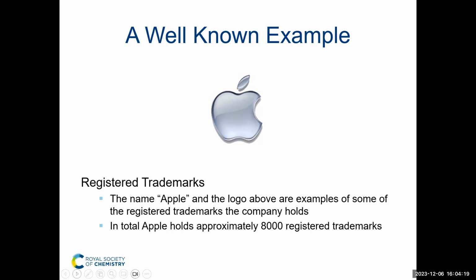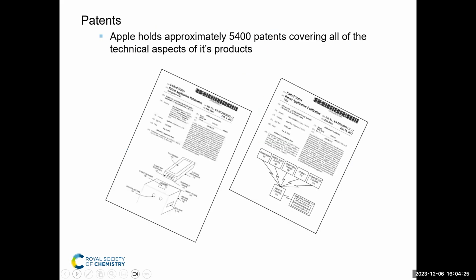So napakarami, no? Since Apple is a very big and well-known company. So Apple also holds approximately 5,400 patents covering all of the technical aspects of its product. No? So if you will search Apple sa ating mga patent search databases, so napakarami ang makikita nyong patents.